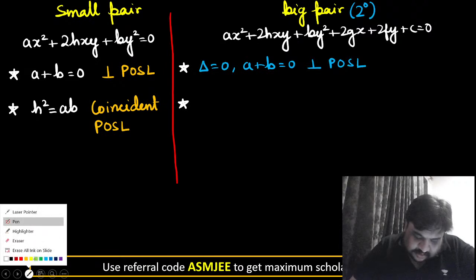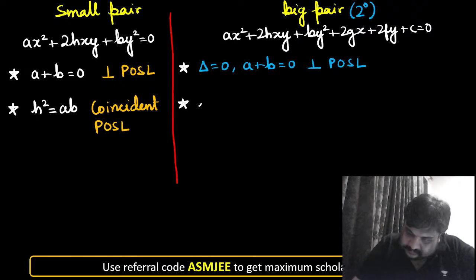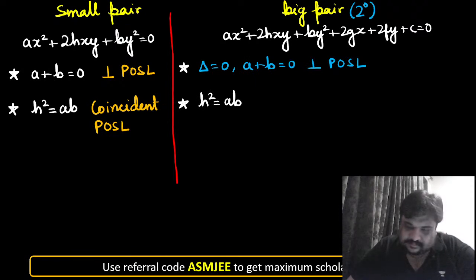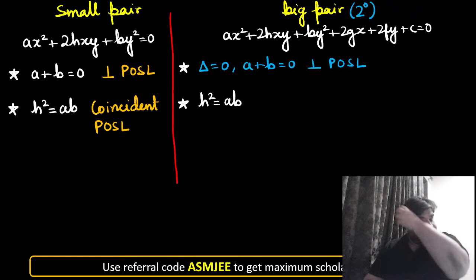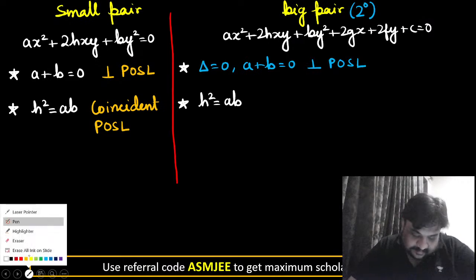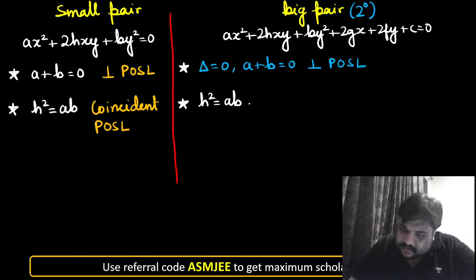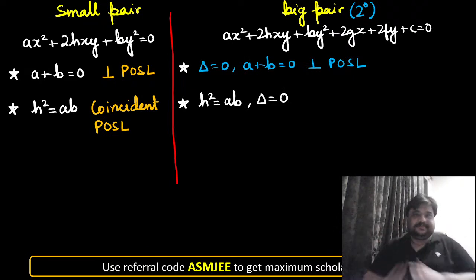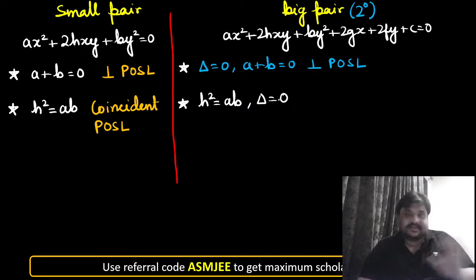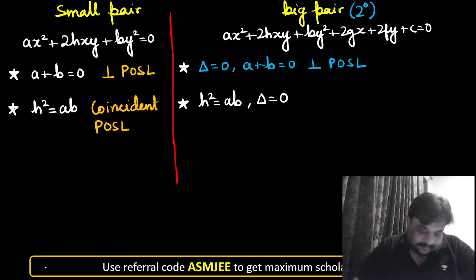What happens if h square is equal to AB here? Here you cannot claim that it is surely a perpendicular pair of straight lines. You can't claim that. There are two possibilities that arise. H square equal to AB and delta equal to 0 do not ensure that it's a coincident pair of straight lines. Because here you know that their point of intersection is at origin, but here we don't know where the point of intersection is.